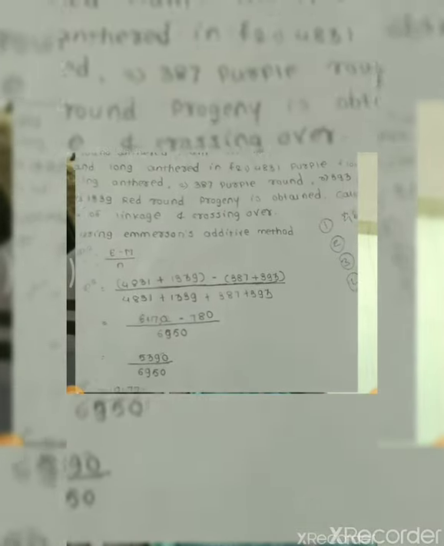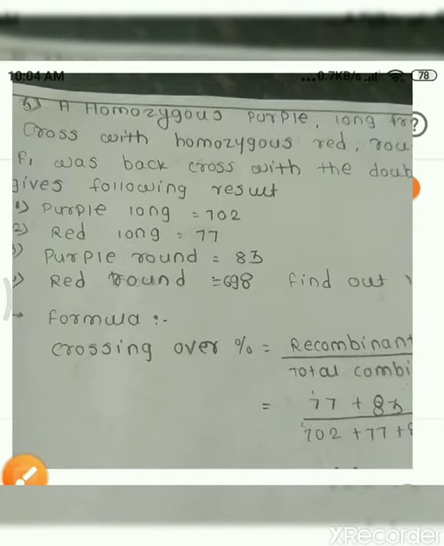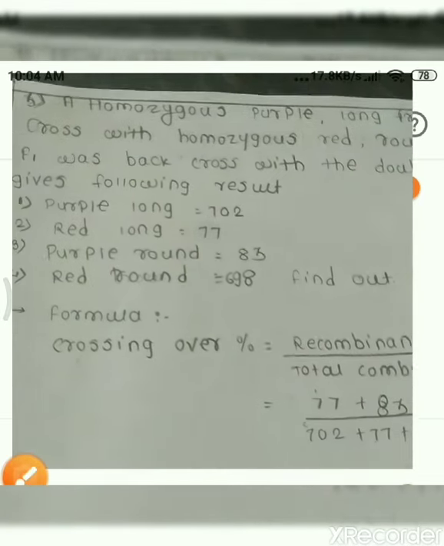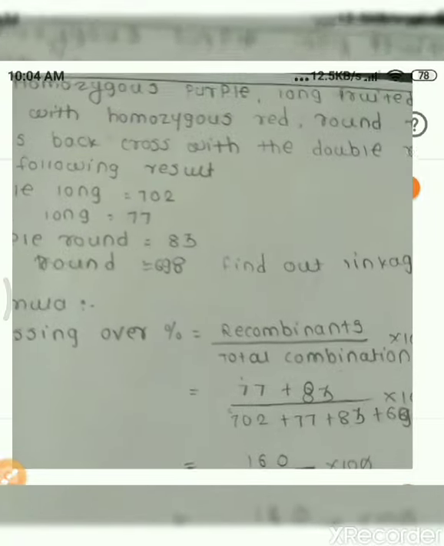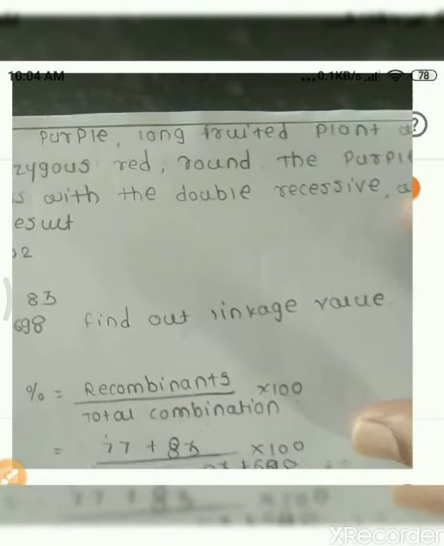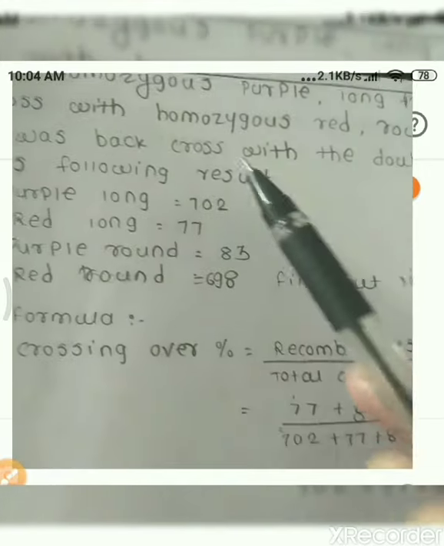In this way you can calculate the linkage and crossover value of this problem also. Hi friends, we'll see another problem that is based on the test cross data. First of all, overlook this problem. A homozygous purple long fruited plant was crossed with homozygous red round.